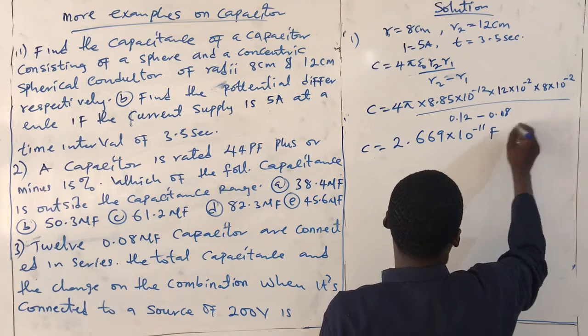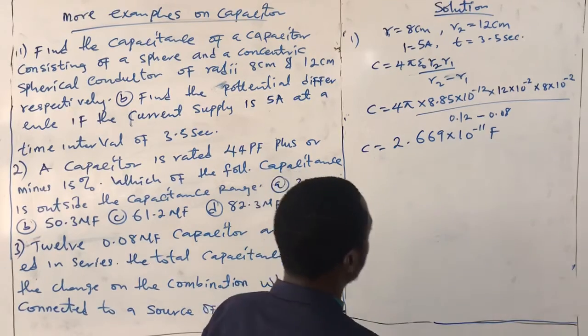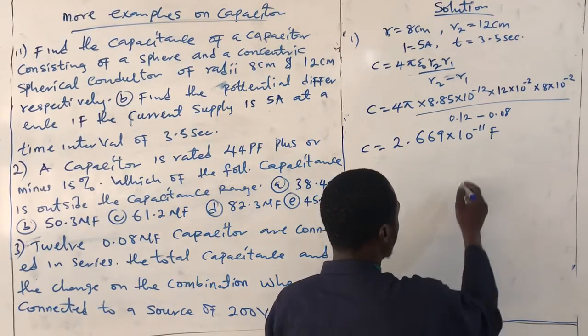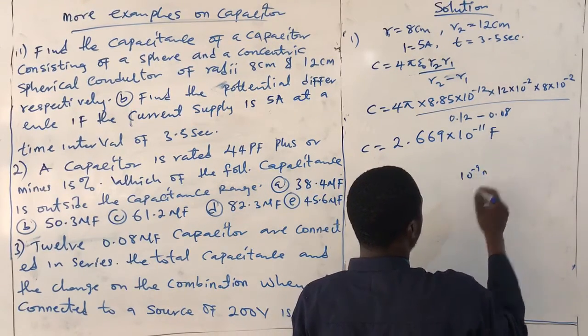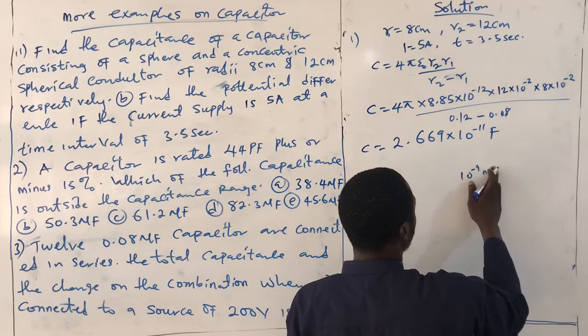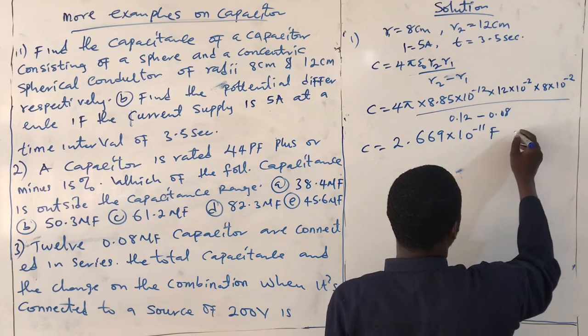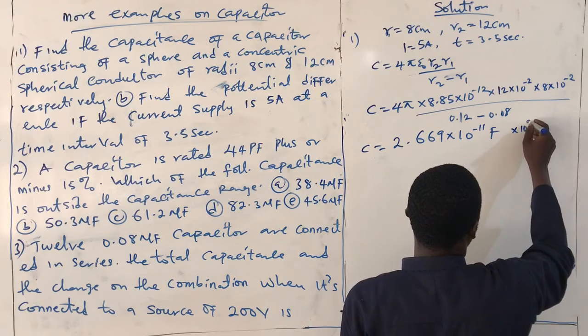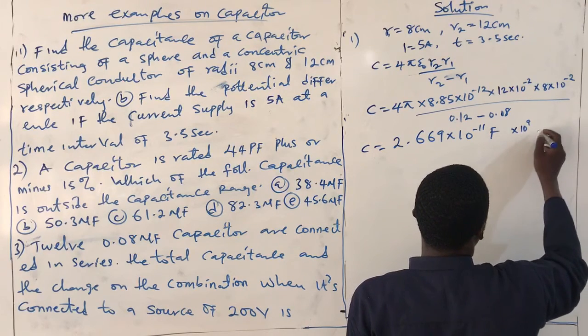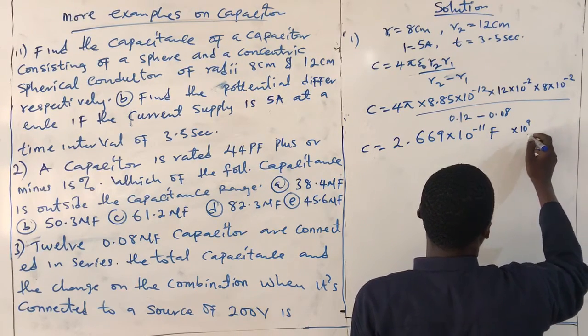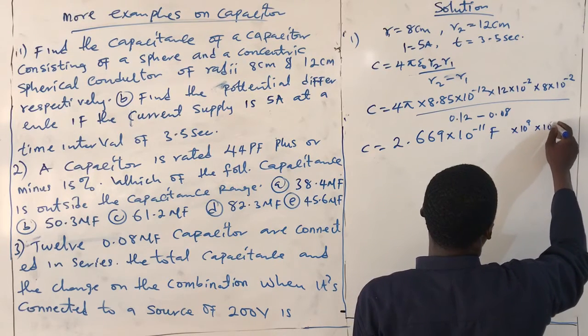farad. The unit is in farad, but we know that 10 raised to power minus 9 is nano, and pico is 10 raised to power minus 12.